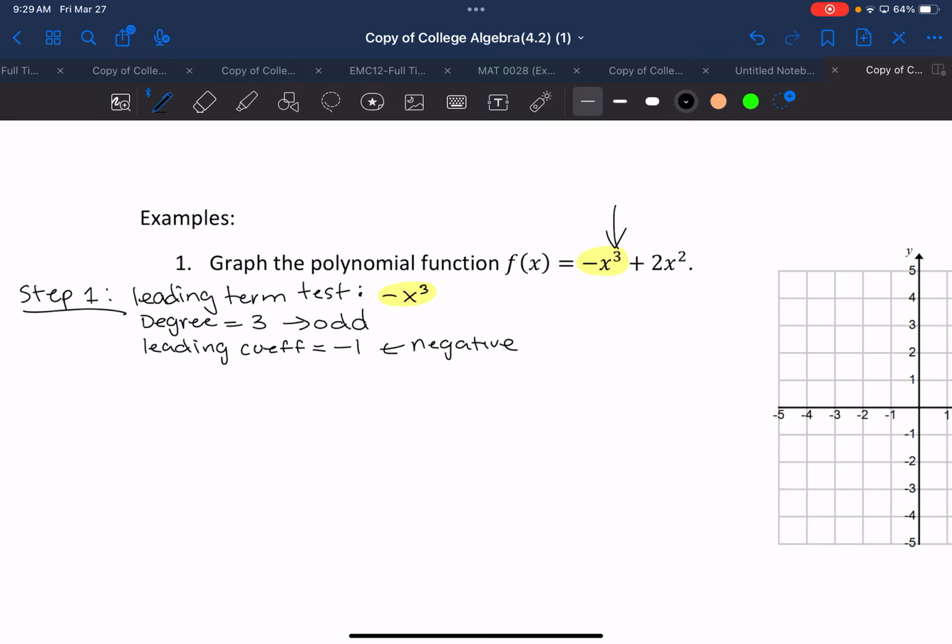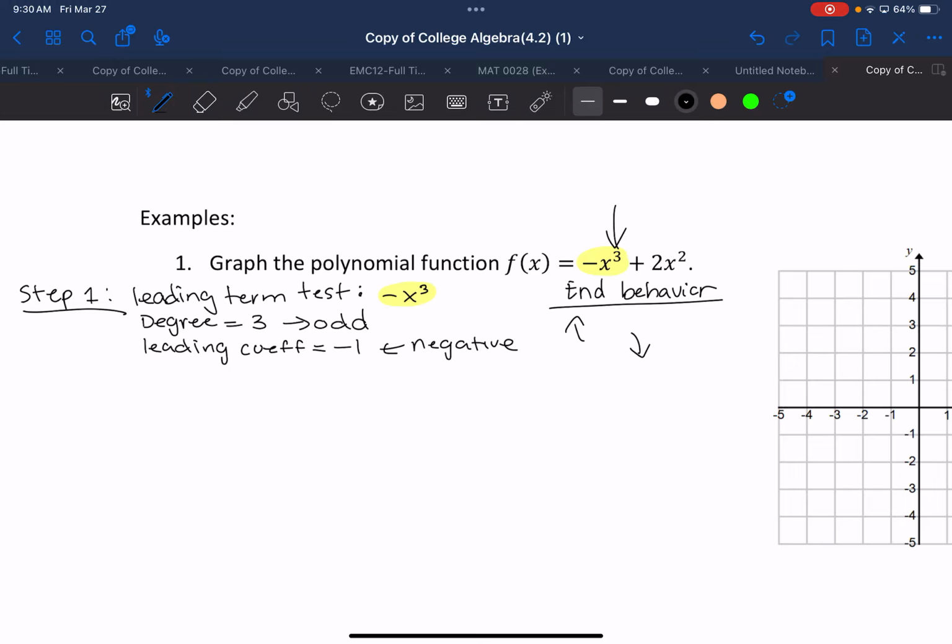So my end behavior would be like this. And I'm just drawing it here for now, but we will be using this when I graph it. So that's what's happening at the ends of my graph.